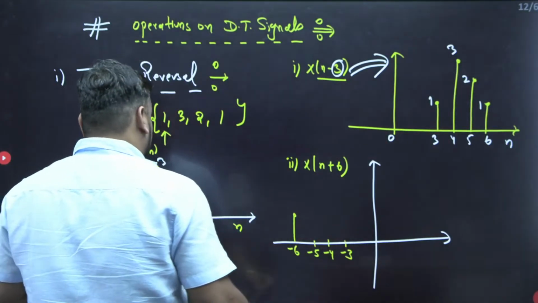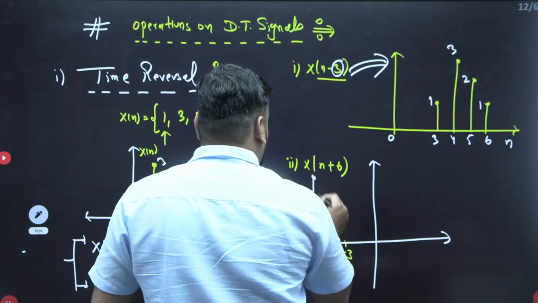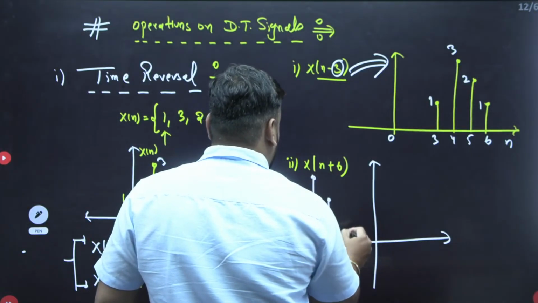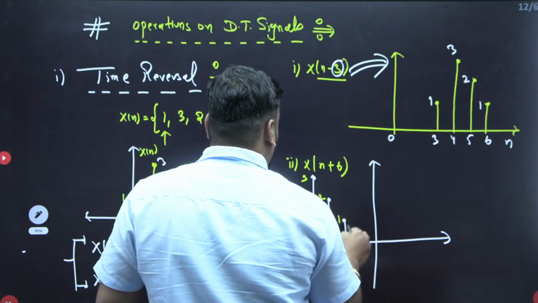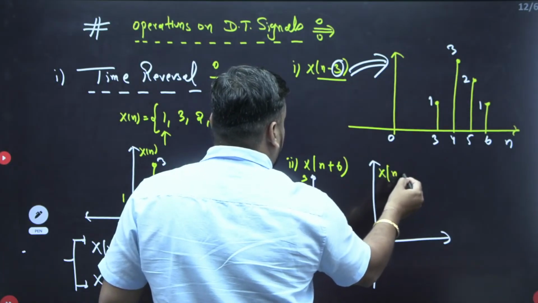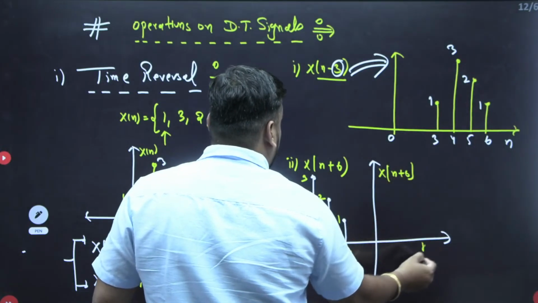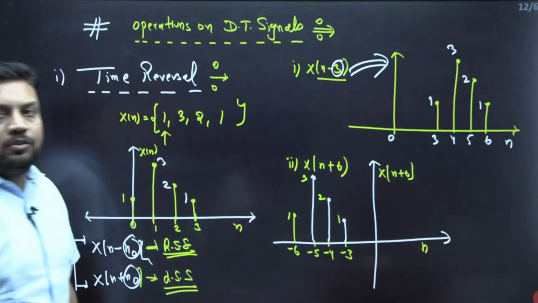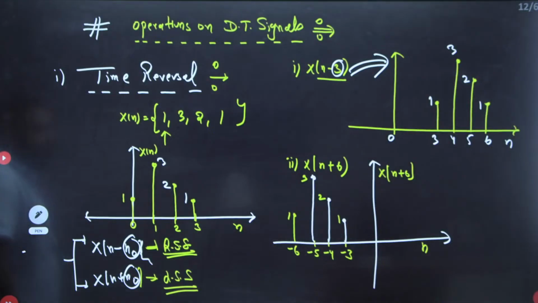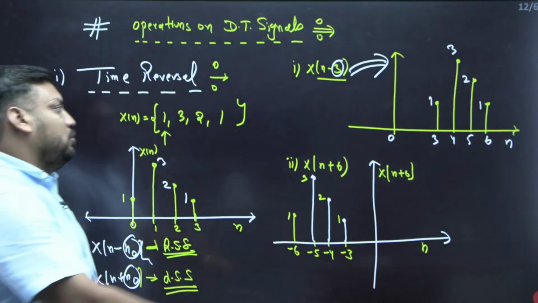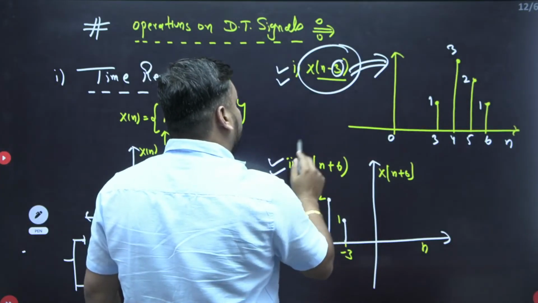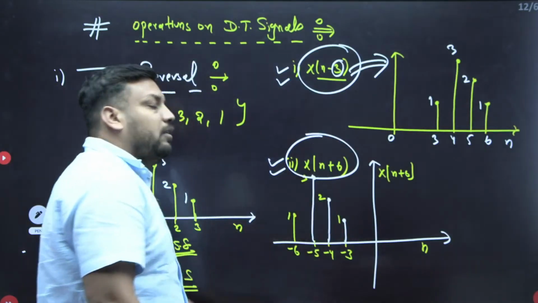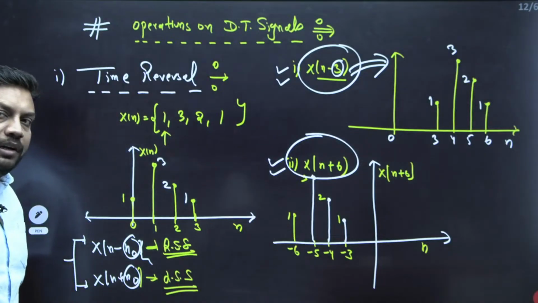So you should write here 1 3 2 1, and it is nothing but x of n plus 6 with respect to n. Is this clear to you? So x of n minus 3 or x of n plus 6, both are crystal clear. We have done it graphically here.